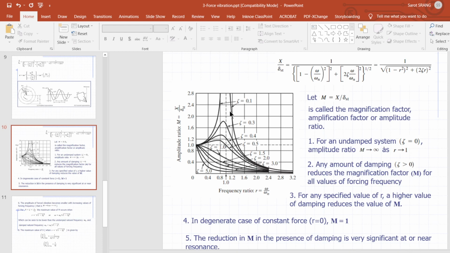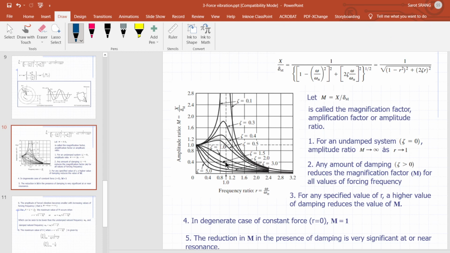As you can see, for damping ratio from 0.1 to 0.3, you can see a significant reduction of M, right? But when the damping ratio goes higher, like from 2 to 3, the reduction is not very significant. Not so much here, not so much here, but here the reduction is a lot.